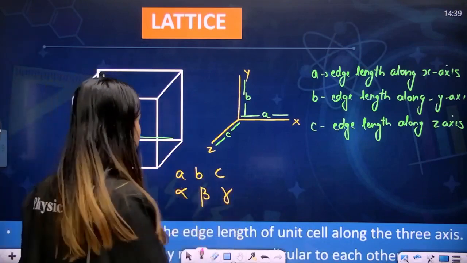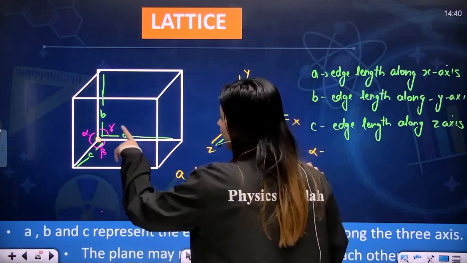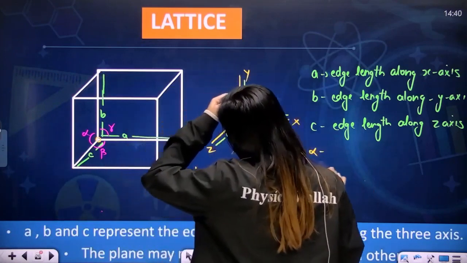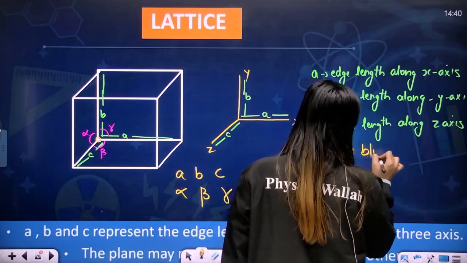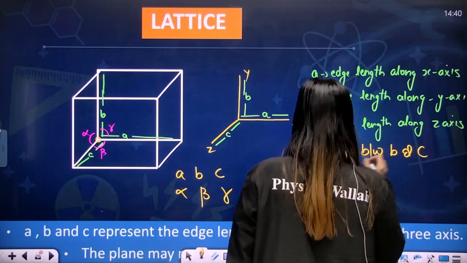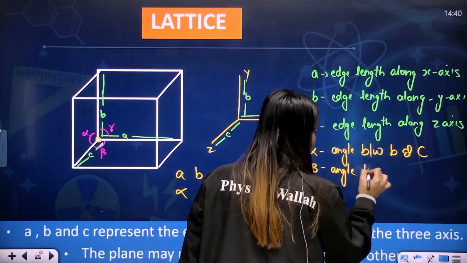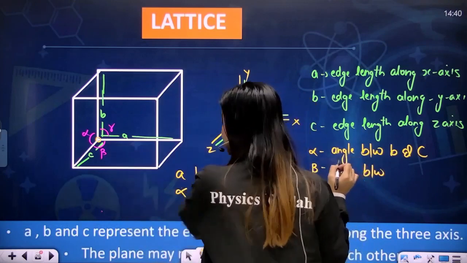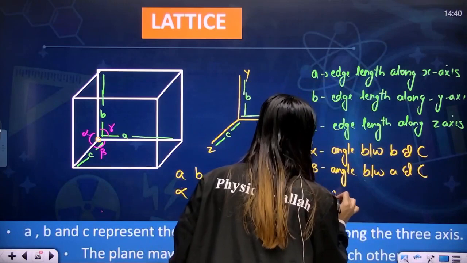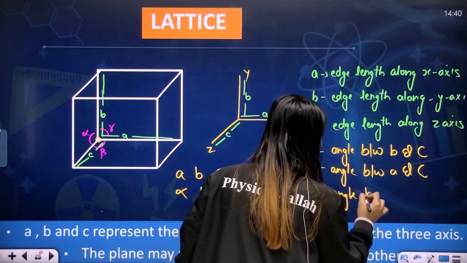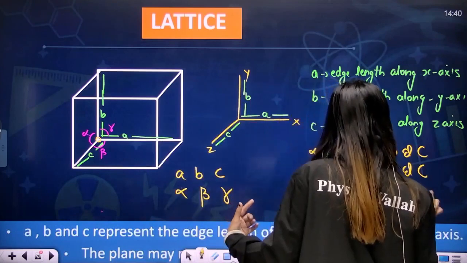Okay, so can I say that alpha is the angle between B and C? Beta is the angle between A and C. And gamma is the angle between A and B. Right?